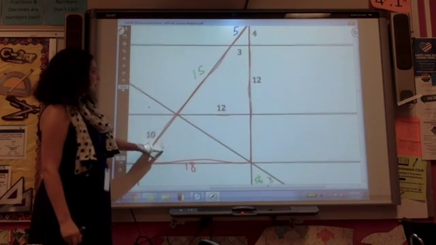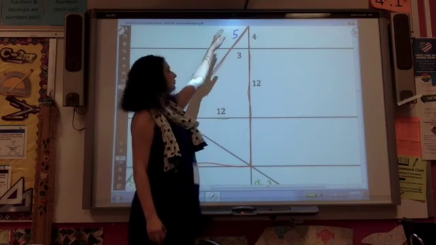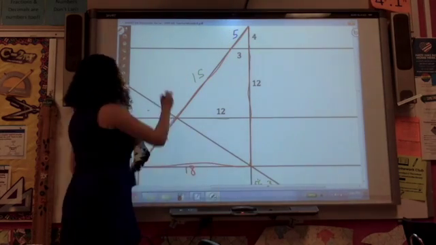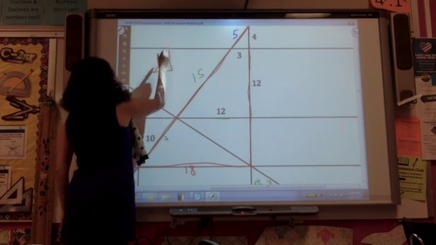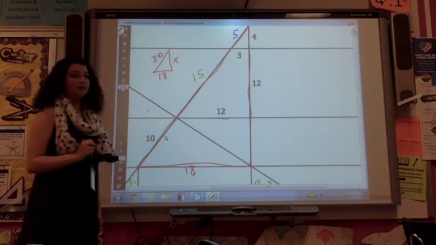So, back to my triangle, I have this side length of 10 plus 15 plus 5, which equals 30, and this length of 18. So I have 30 and 18, and I'm looking for x.